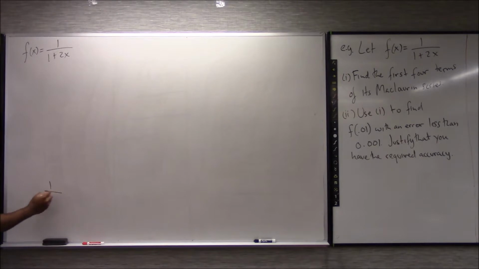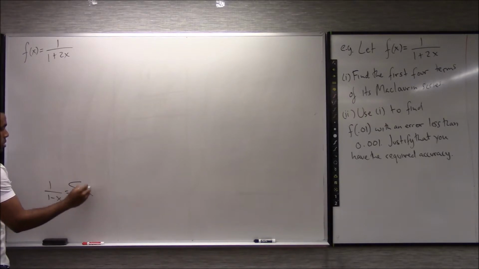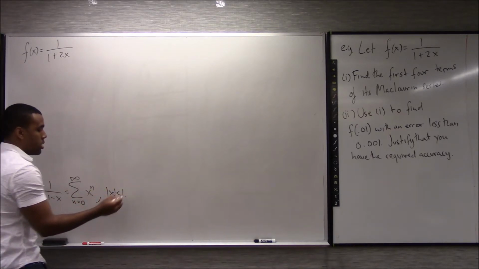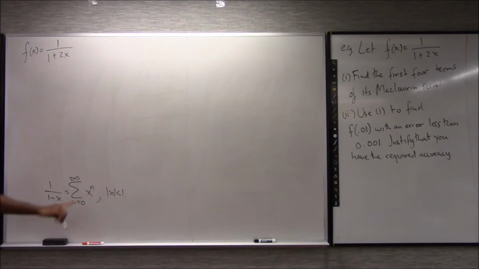We know that 1 over 1 minus x is the series of powers of x, because that's geometric. That works when your x is less than 1 in absolute value. This converges absolutely to that because it's geometric. Your a is 1, your r is x, and if your r is less than 1 in absolute value, it converges to a over 1 minus r. And so that's actually a series, just x to the n.